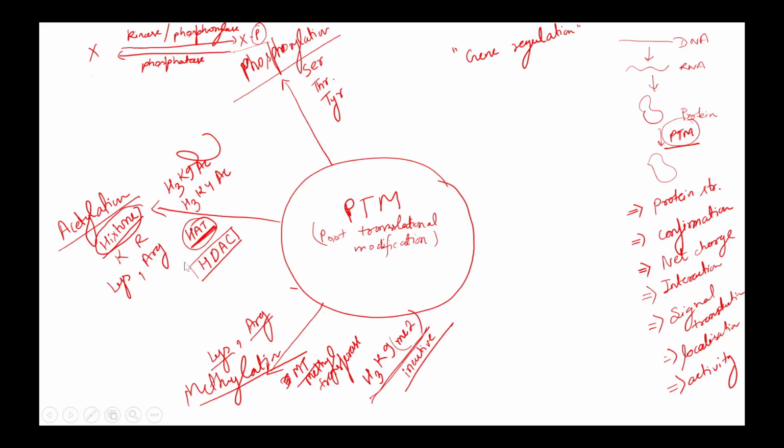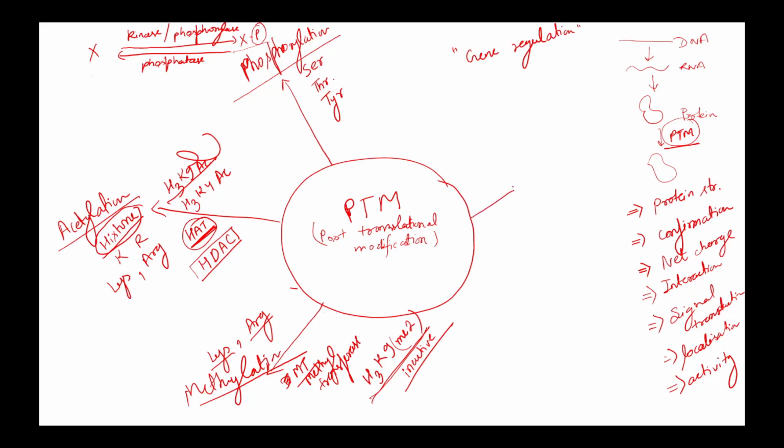So H3K9 acetylation works as an active gene mark, and H3K9 methylation works as an inactive gene mark. That is how these PTMs regulate gene transcription.